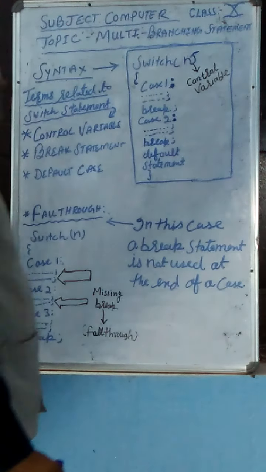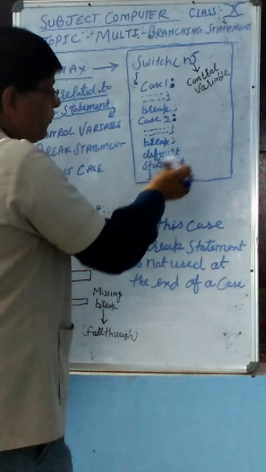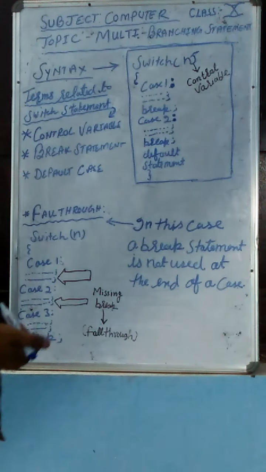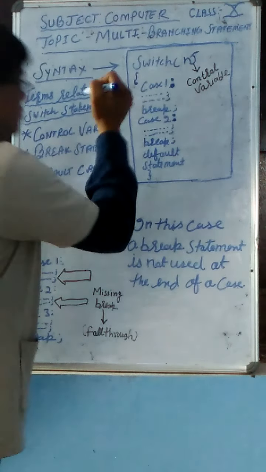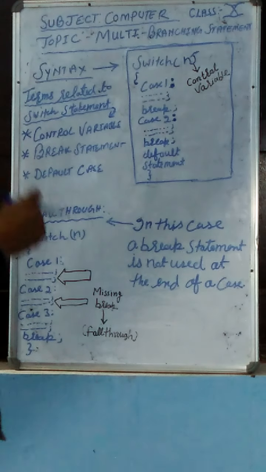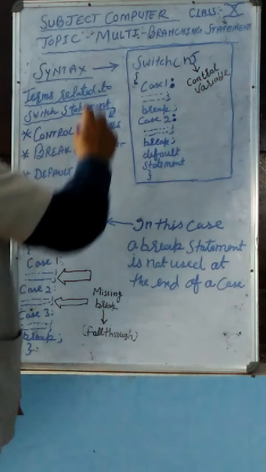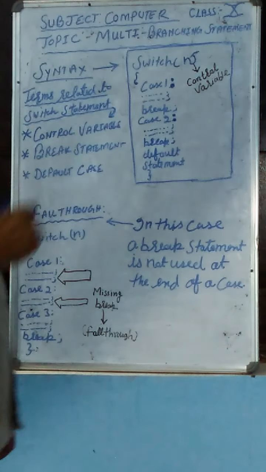Suppose we are using here n, that is the control variable. Then open brace, then case 1, then statement, then break, then case 2, then statement, then break, and then default statement. And then close the curly brace. All the cases will be used within the curly brace.